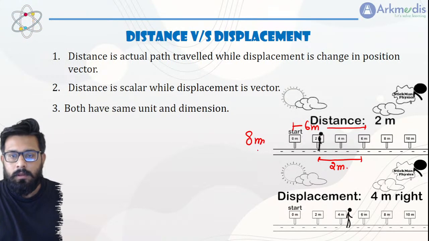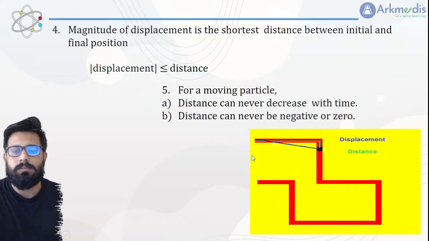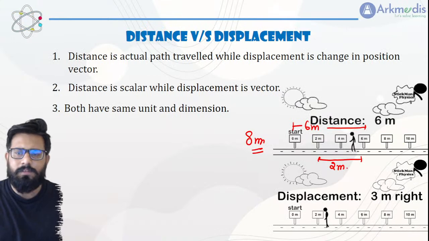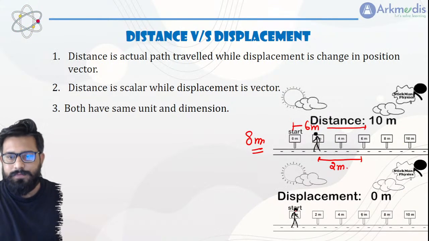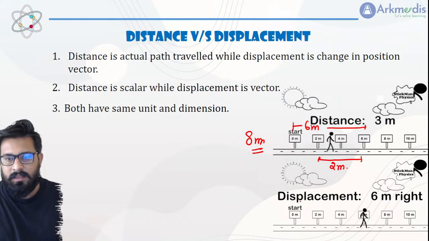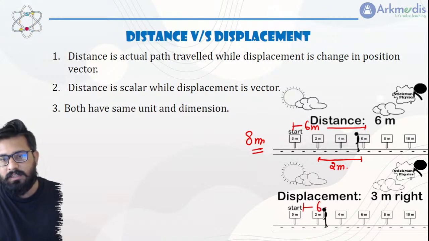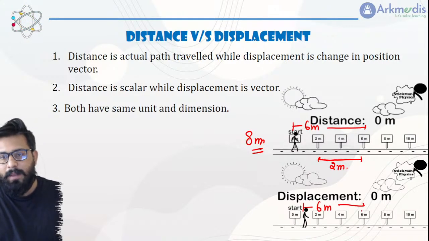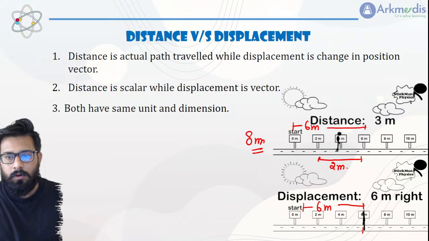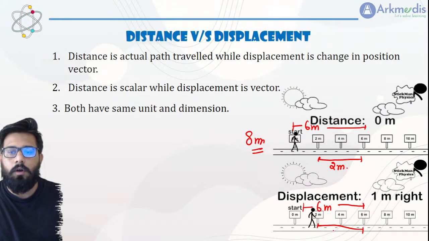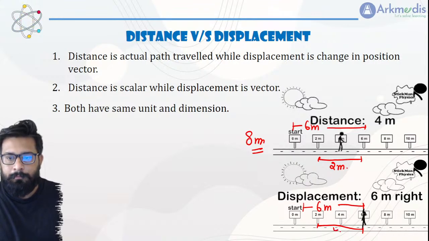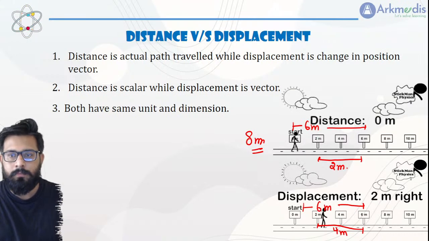But instead of this, if we talk about the displacement, so in case of displacement, what is happening? The person starts from 0, it goes to this 6, so its displacement is 6 meter. But when it came back to this 4, or you can say when it came back to this 2, it covers a displacement of, yeah, it's of 4 meter. Okay.